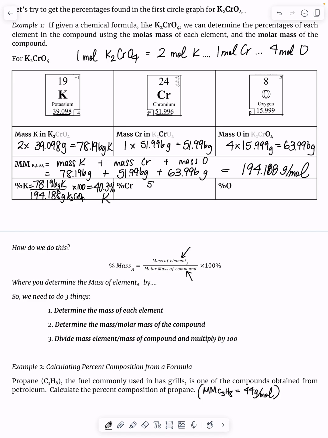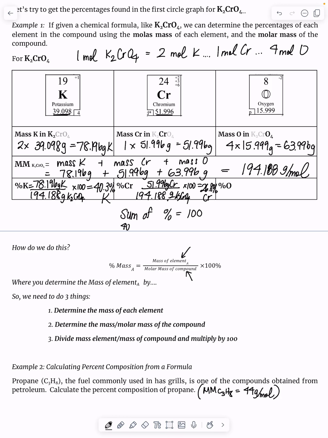I could do the same thing for Cr. I'll get 51.996 grams of Cr divided by, again, that same molar mass, 194.188 grams of the K2CrO4, times 100, and I get 26.8% of Cr. Now, there are 2 ways I could get the percentage of O. The sum of all percentages needs to add up to 100.